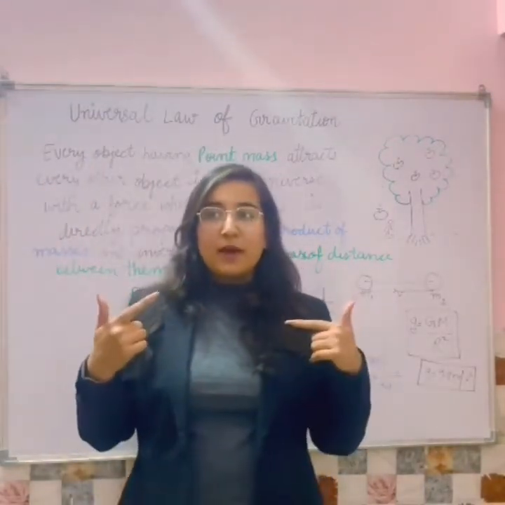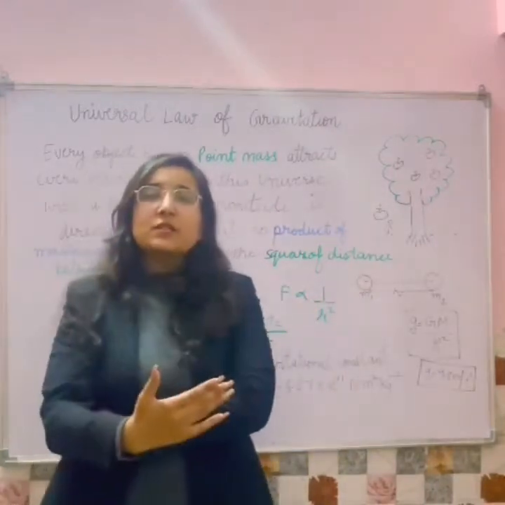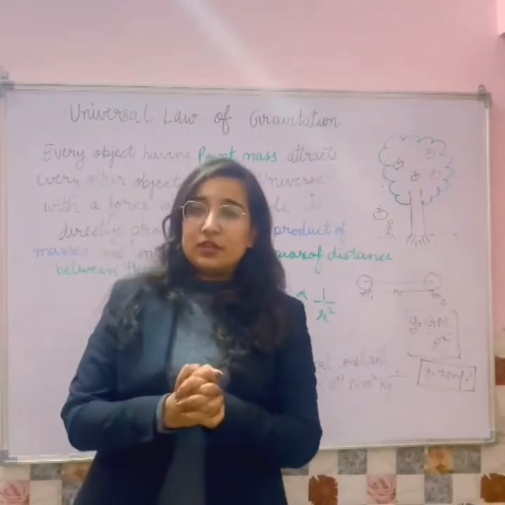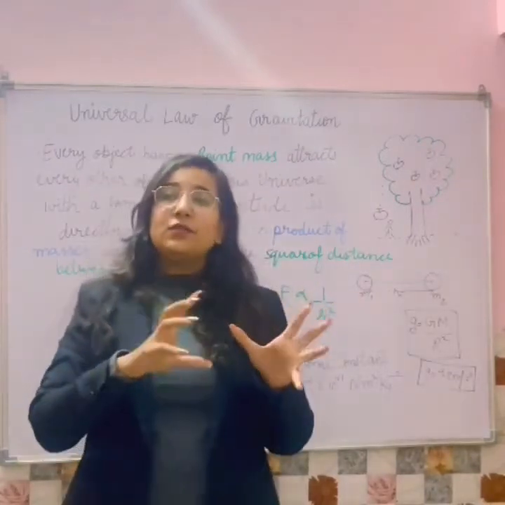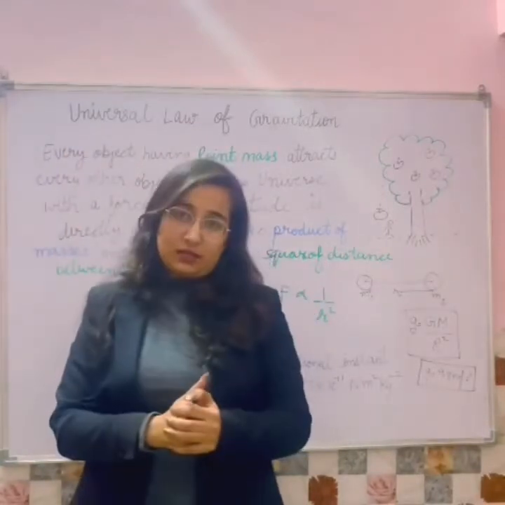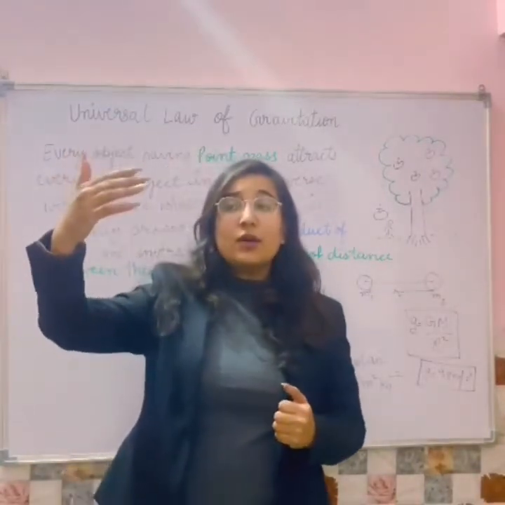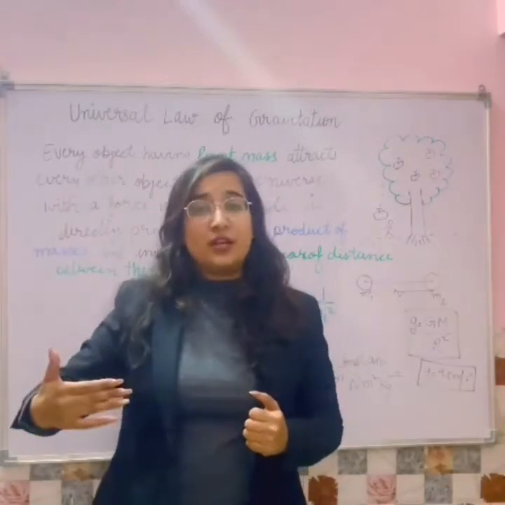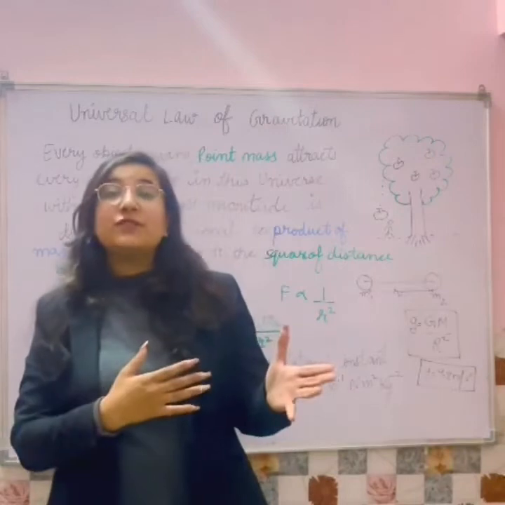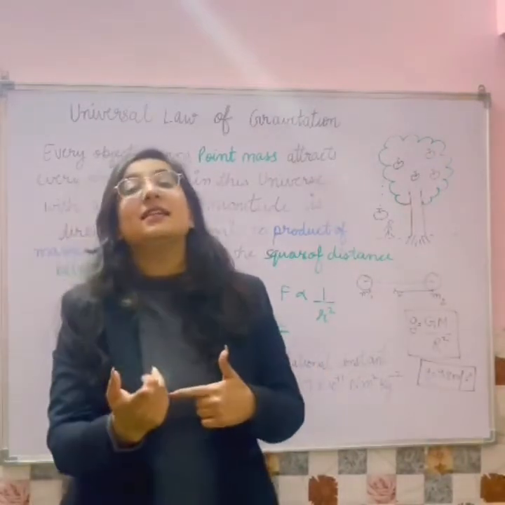Next, when the object is falling towards the earth, it must be having some acceleration. Firstly, we have to study the motion of the object which is falling freely towards the earth. Its velocity keeps on changing. The velocity keeps on increasing, and we know the rate of change of velocity is acceleration.